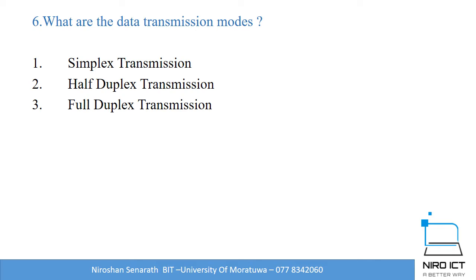By using those three things, we can transmit data from one place to another. In there we have to use three modes. Those are called data transmission modes. There are three types: simplex data transmission, half duplex data transmission, and full duplex data transmission. Let's see one by one.